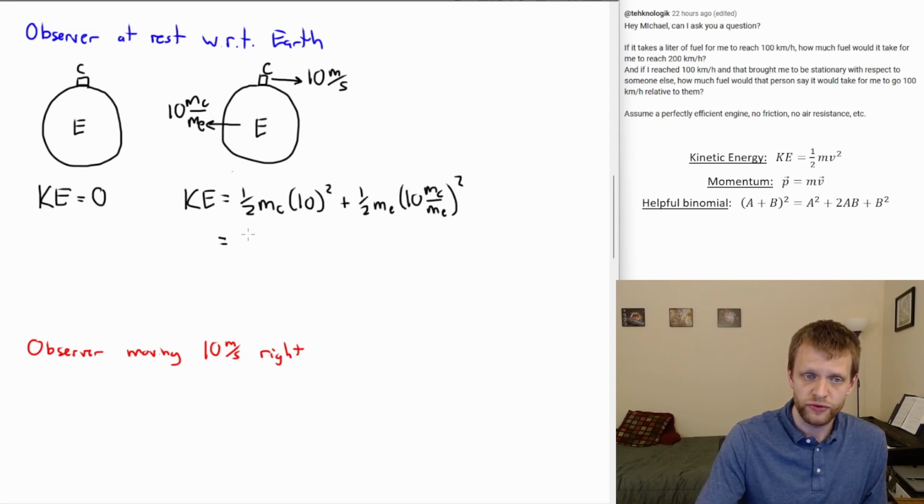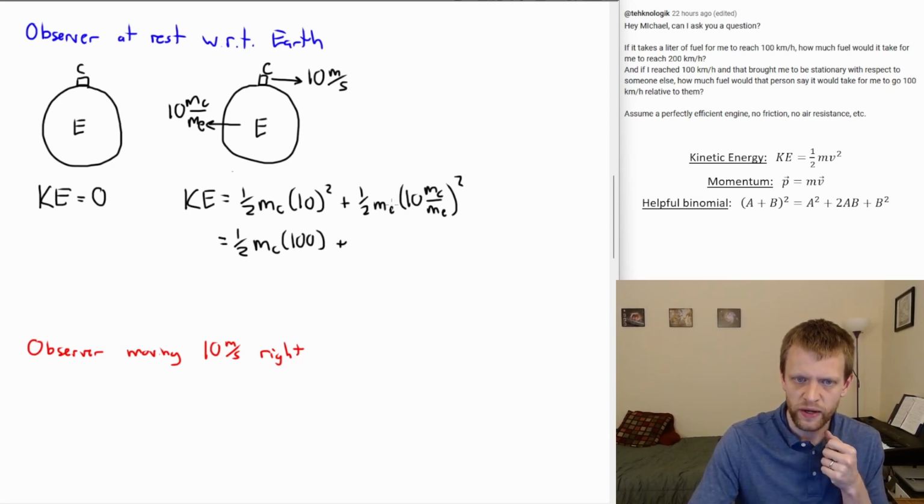If we run through these calculations, this is going to be 1/2 times the mass of the car times 100, and I'm going to write it like this: 1/2 times the mass of the car times 100 times the mass of the car over the mass of the Earth.